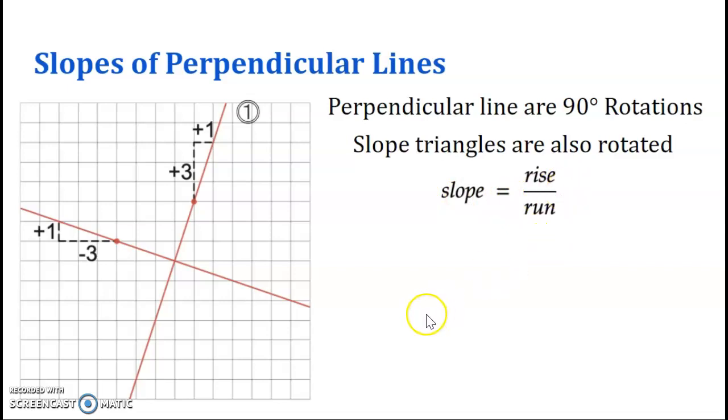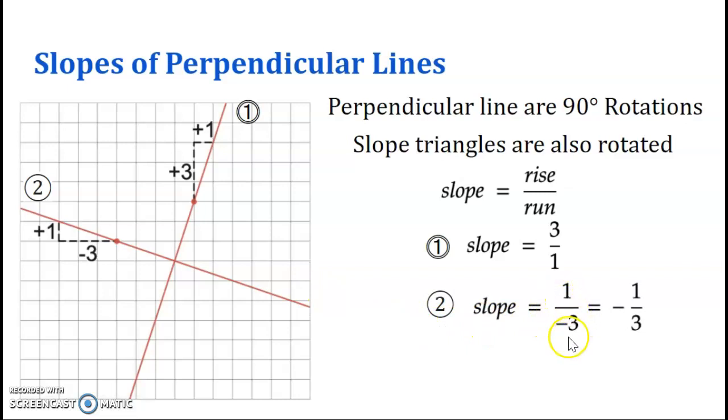So for line 1, the slope will be +3, rise is 3 over 1. For line 2, the rise is 1 and run is -3. So slope is 1 over -3 or -1/3.